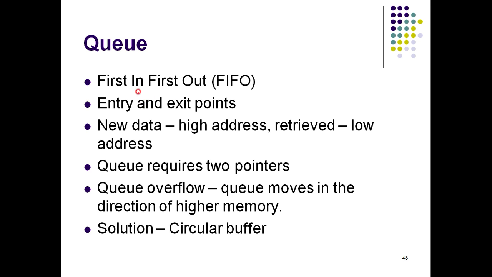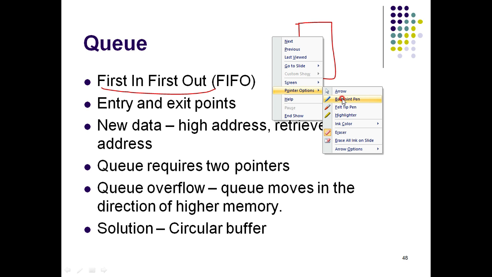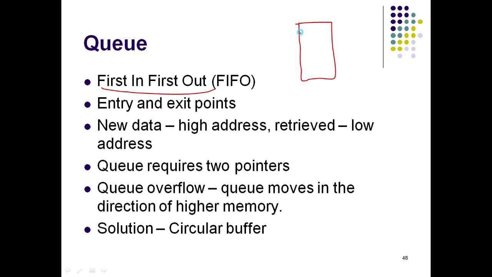The first major difference here is that it is first in, first out. So remember friends, what would happen now? I will redraw the figure which I had drawn there. This is my whole list, which we are dealing with.